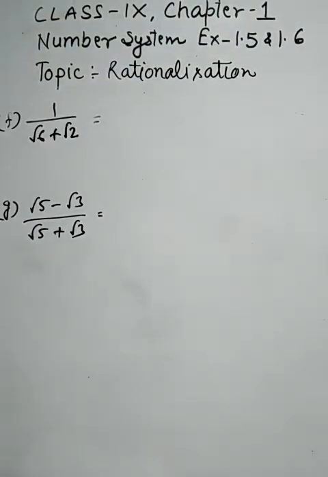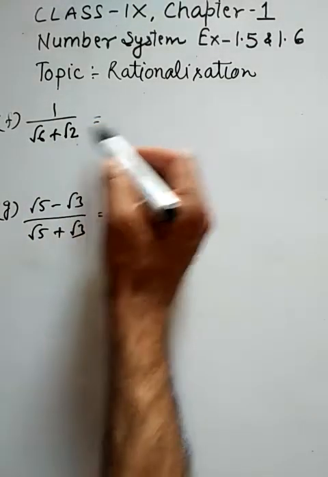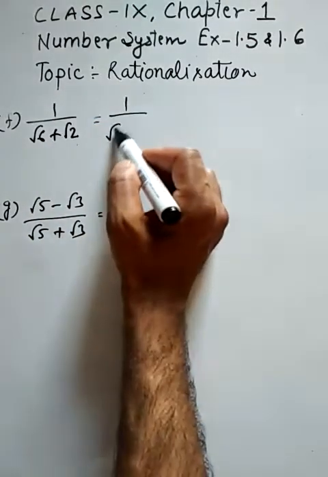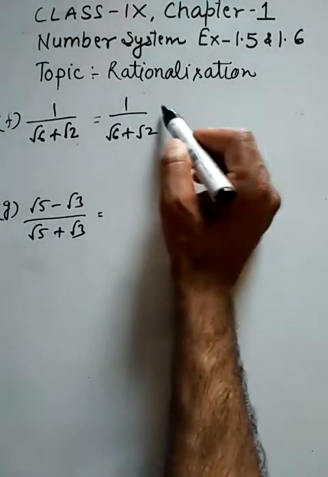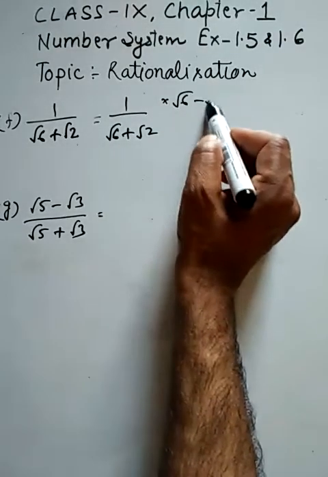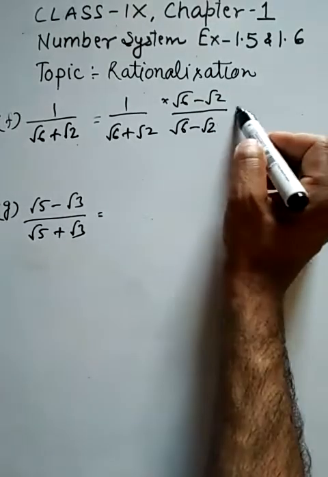Now we are taking two more examples. 1 upon root 6 plus root 2. Here the rationalization factor is the opposite sign of root 6 plus root 2, that is root 6 minus root 2 upon root 6 minus root 2.